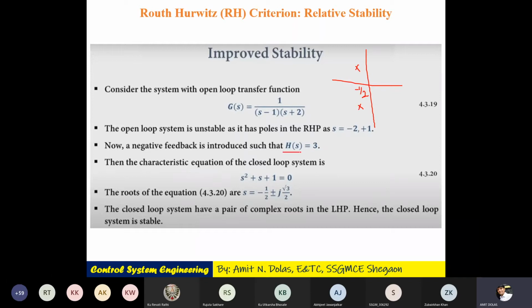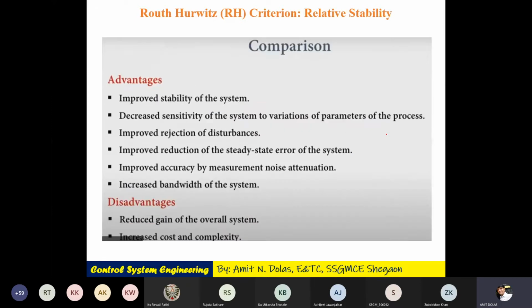So you can see, just by introducing negative feedback of H(s) equal to 3, your characteristic equation has changed and your roots have also changed. Therefore, the closed loop system has a pair of complex roots in the left hand plane, and hence the closed loop system is stable by introducing feedback in this open loop system. So this is improved stability, we can say.